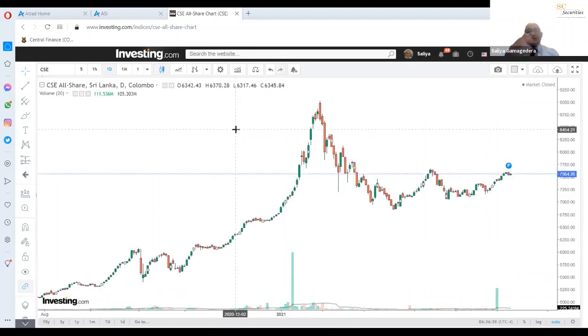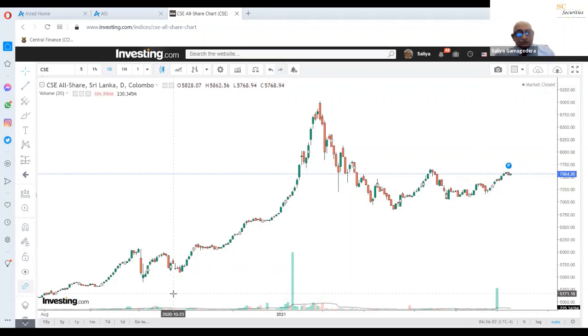So that is basically what you have in the chart, and onto the right side you will see the values of the respective chart.